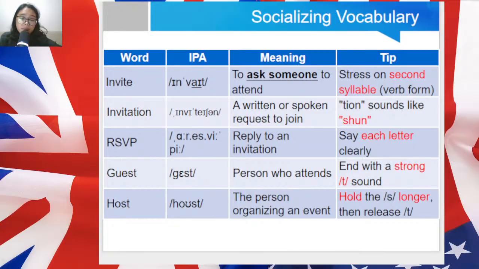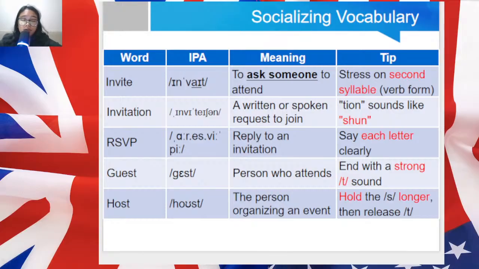That's invitation. RSVP, reply to an invitation. As you can see, RSVP is an acronym from, if I'm not mistaken, French. I cannot remember the exact French words, but I remember that the meaning is reply if you please. So the person is asking for a reply.